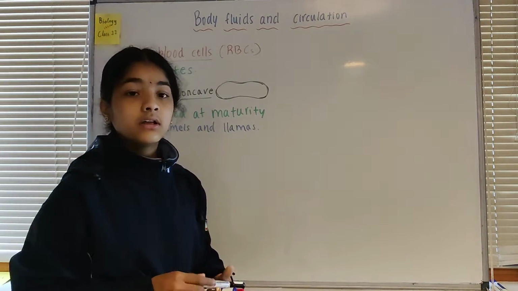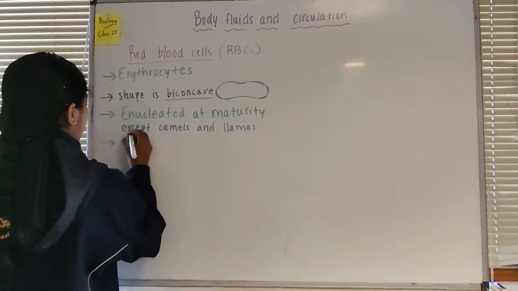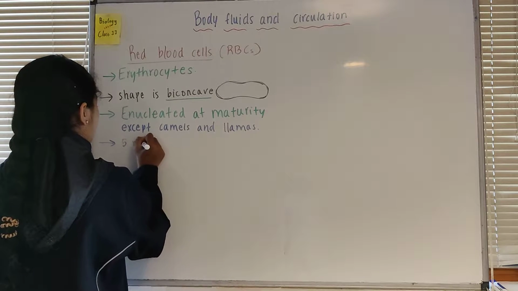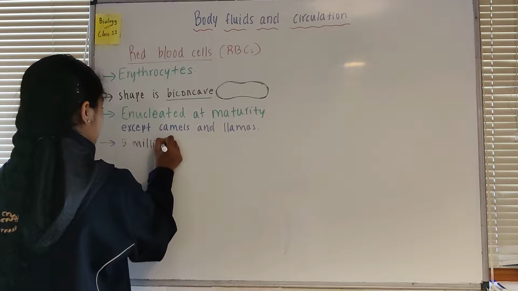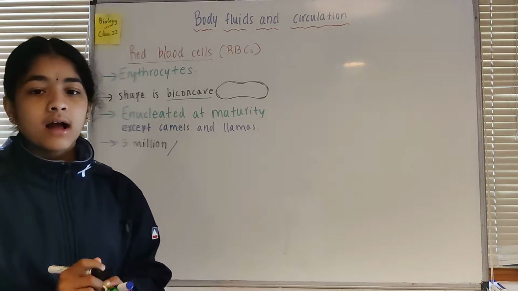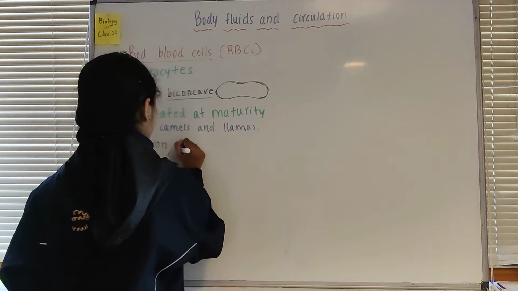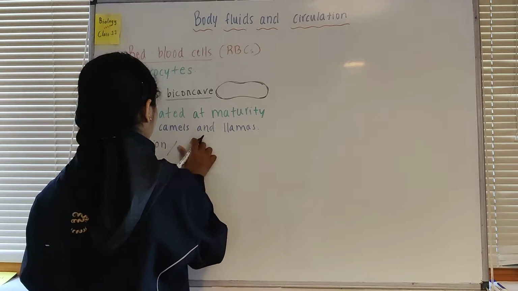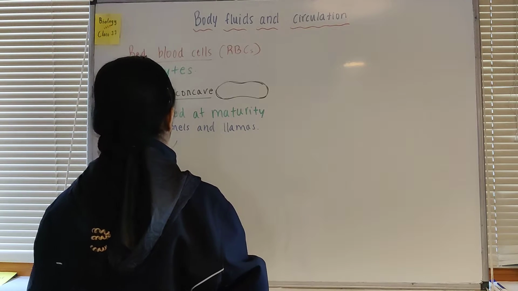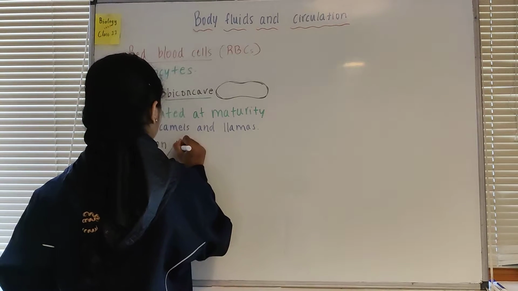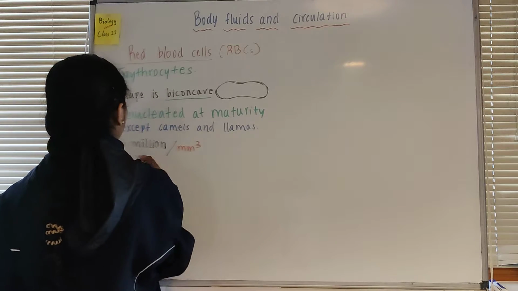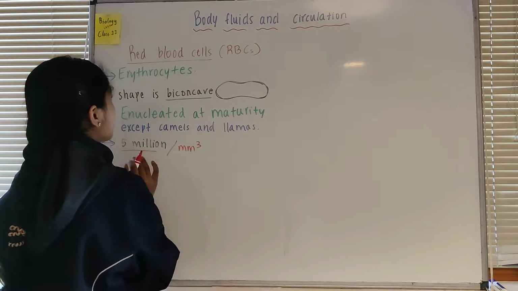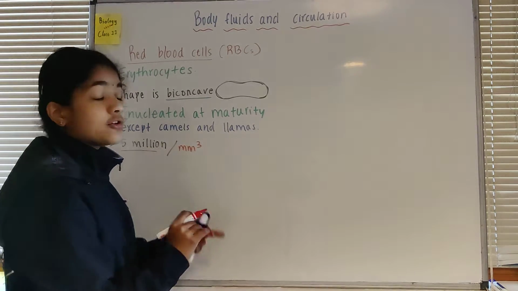Coming to the number, it is very high. 5 million of these RBCs are present in a cubic millimeter.